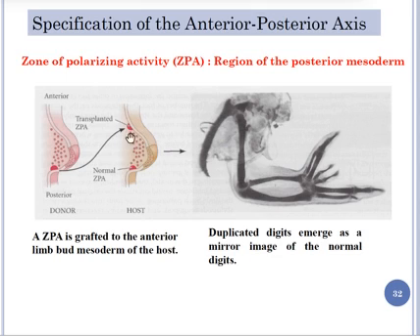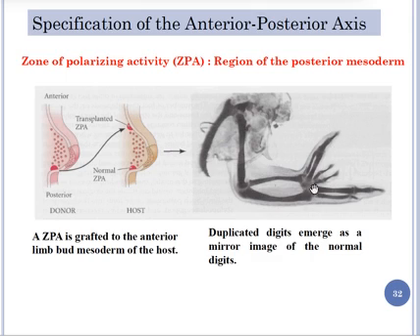So in the host limb bud, we have already the normal ZPA, normally located posteriorly, and we have the extra transplanted ZPA located anteriorly. As a result of this experiment, we got this phenotype in chicken.